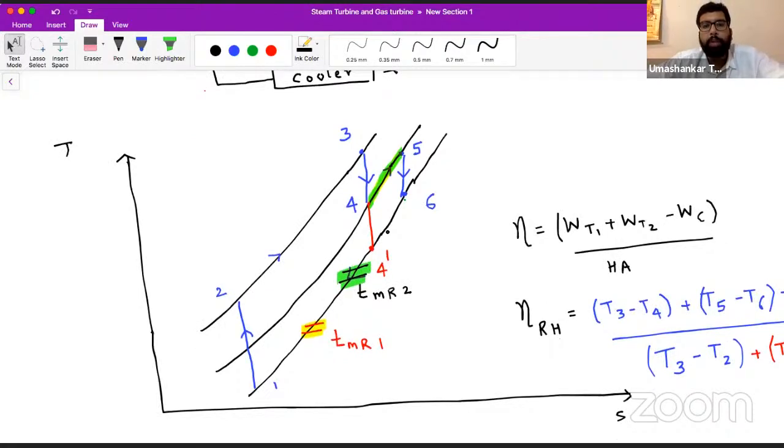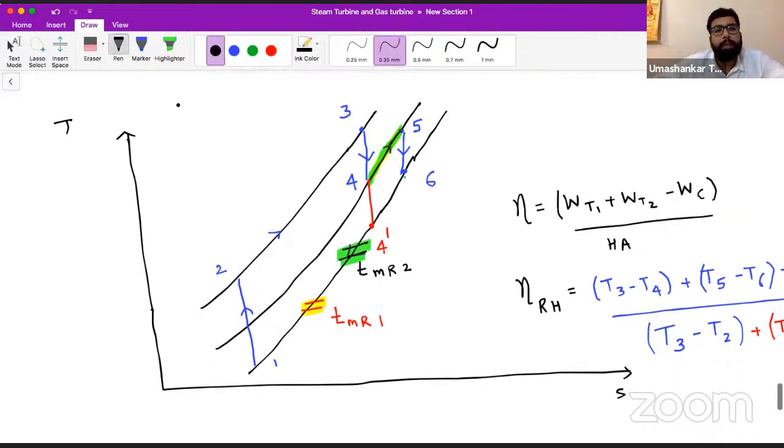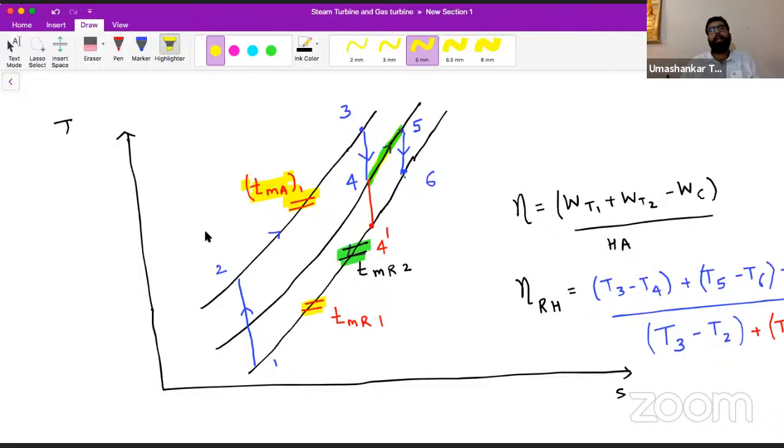Okay. Now what about mean temperature of heat addition? In the original cycle, means the cycle without reheater, we have our mean temperature of heat addition somewhere here between 2 to 3. Now some people will be confused, sir, in the reheater cycle, it should also be there only.